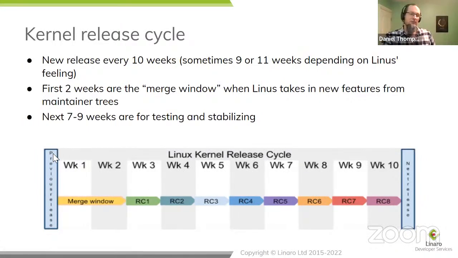When Linus makes a release, the very fact that he has made a release opens up the merge window, which is a 2-week period when maintainers can send pull requests to Linus to have him take code into the kernel. The merge window is not a time where maintainers accept contributions from developers. The merge window is when maintainers send their code to Linus. It is not when they accept changes. For the most part, it's actually inverted.